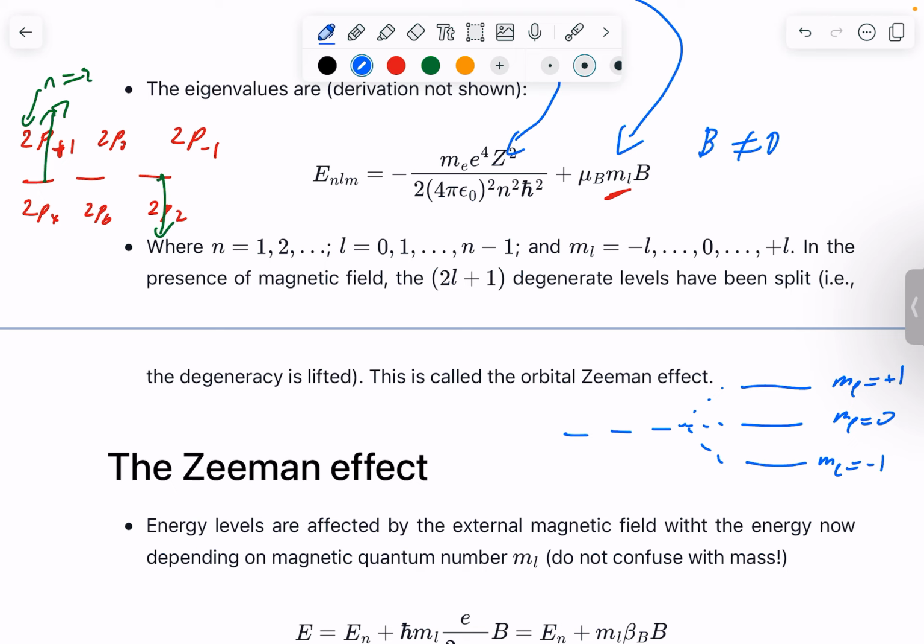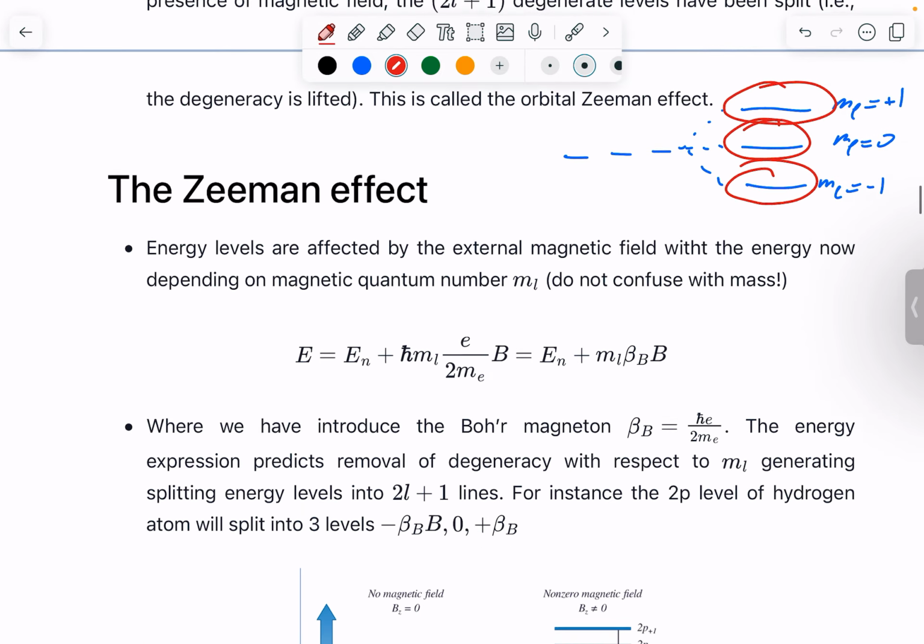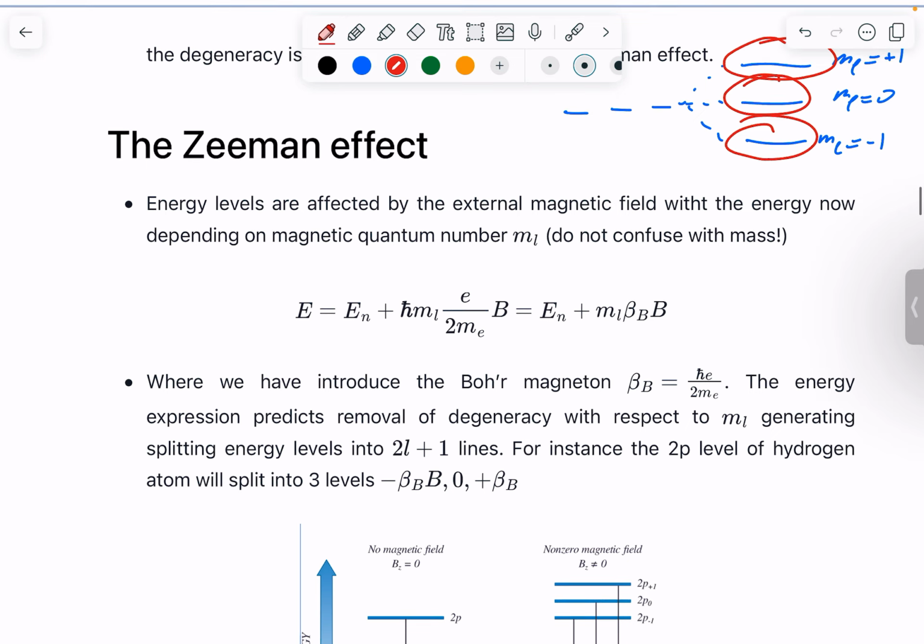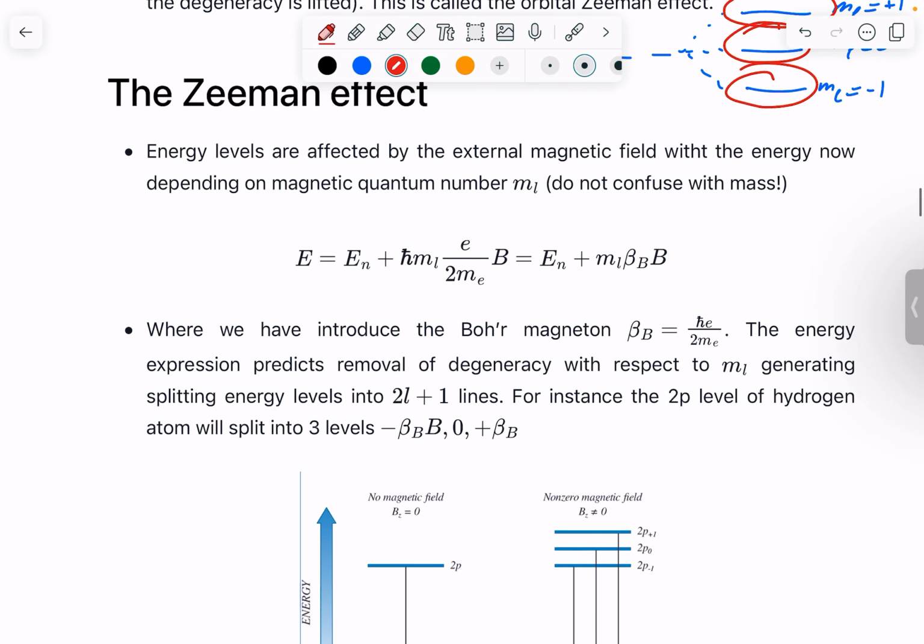So you're going to have lower energy, higher energy, and the highest energy. It's going to apply the same way to all other orbitals characterized by L not equal to 0. And this effect of splitting of energy levels in the presence of a magnetic field is called the Zeeman effect.